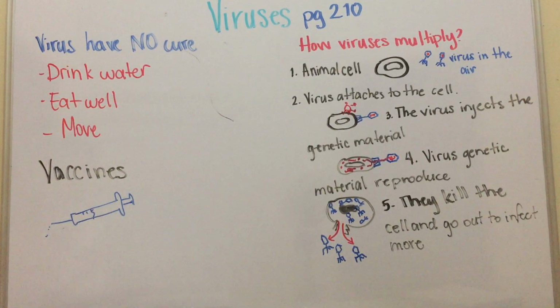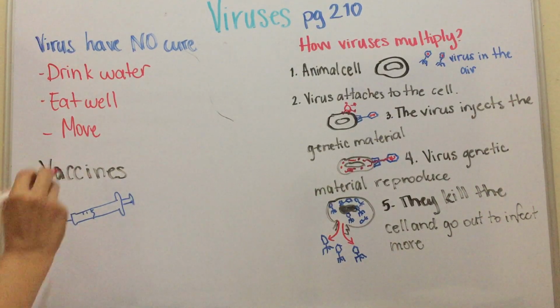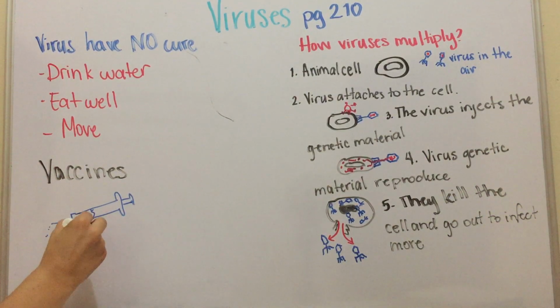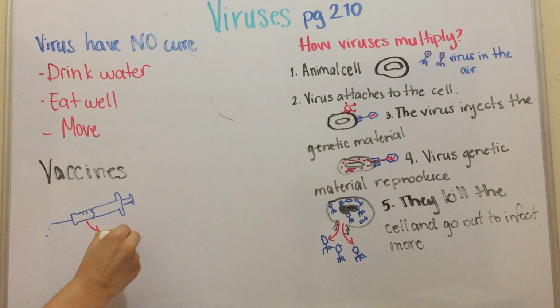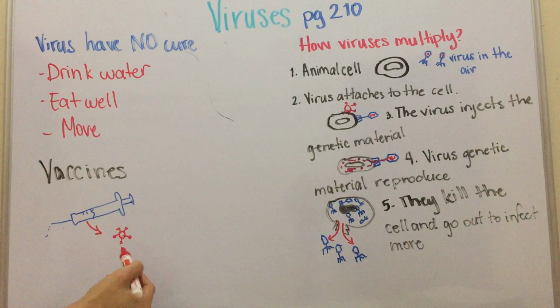A vaccine is made out of viruses that are dead. So that means that viruses are introduced into your body when you get a vaccine, but they are already dead. These are dead viruses.